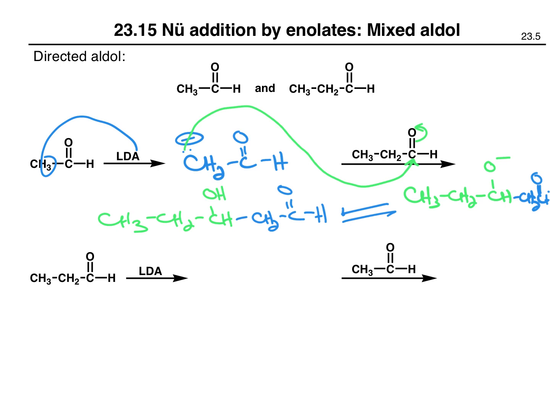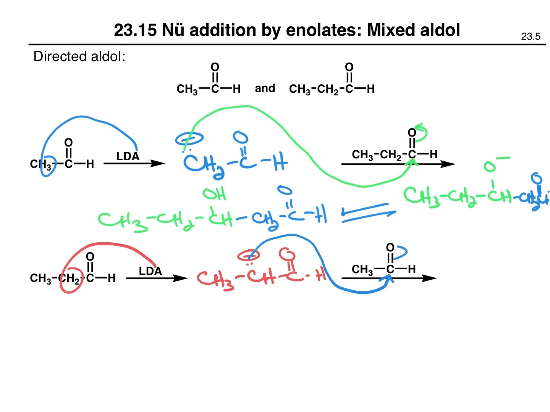What if we carried out this reaction in the opposite order? So we start out with propanal and treat it with LDA. That is going to give us some of this enolate, actually lots of this enolate. And now, because there is very little propanal for it to react with, nothing's going to happen until the second aldehyde is added in.